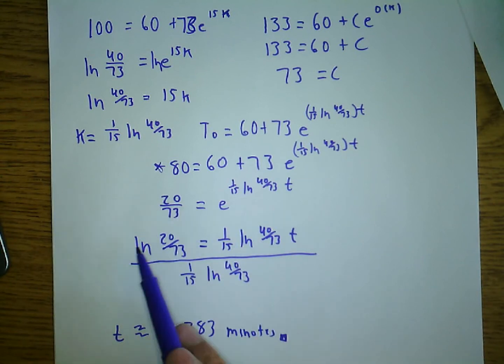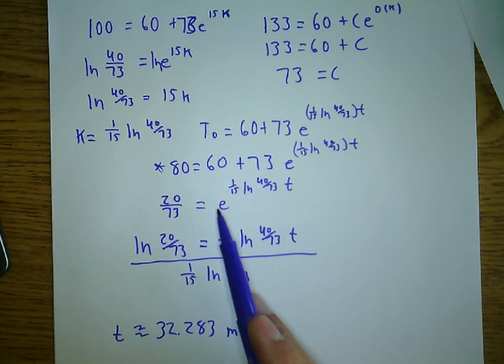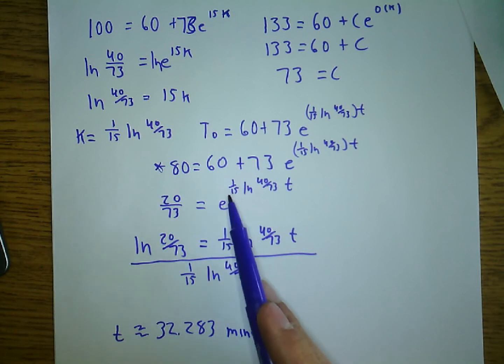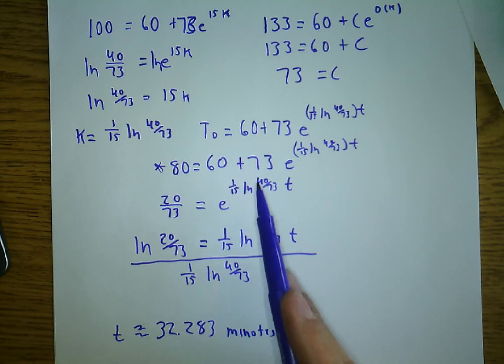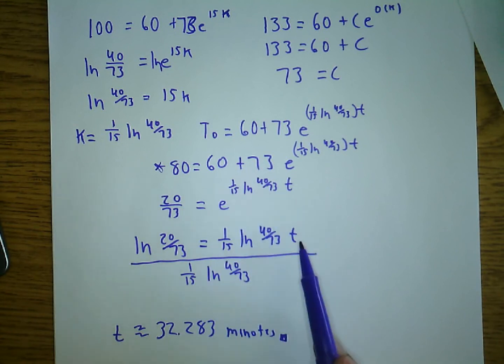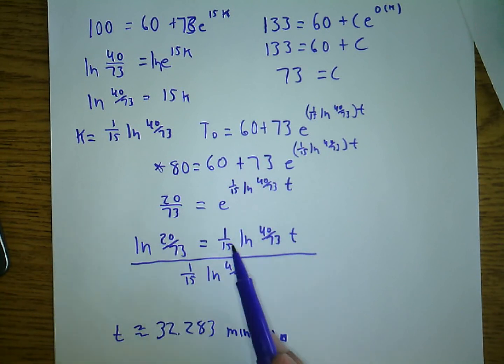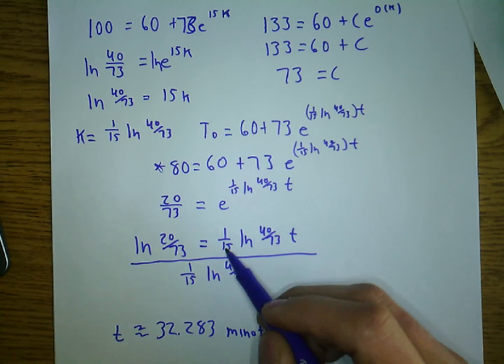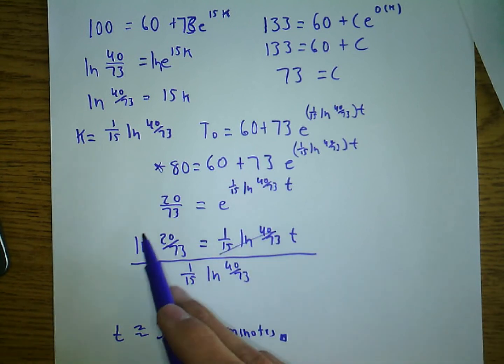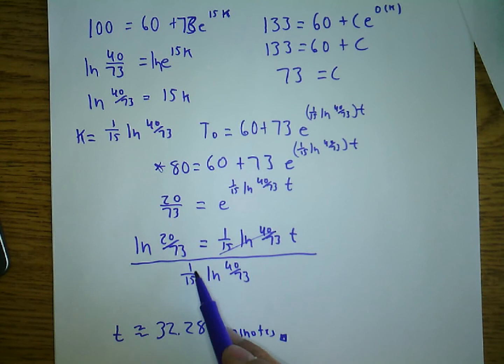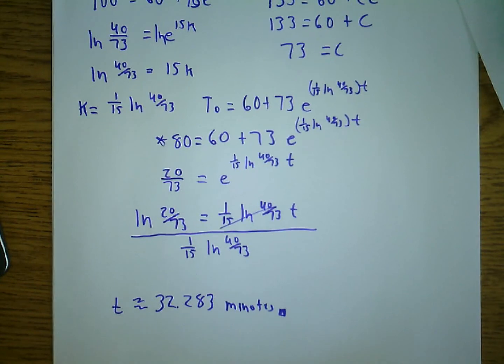Cool? And then to solve for t, since all of these things are being multiplied, you're just going to divide both sides by all of this. So this would be gone. That means t would be ln 20 over 73 divided by 1/15 ln 40 over 73. And then I use the calculator afterwards. Right, so ln means log base e, yes.